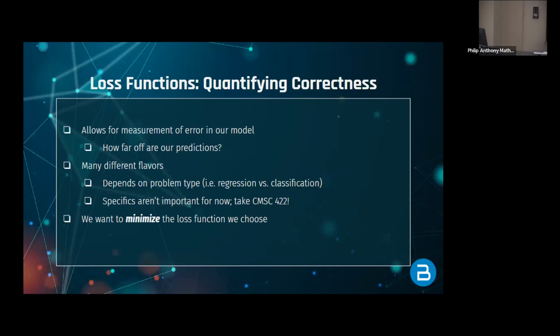So you could just look at how far off you are. If the actual house price was 100K and you predicted 30K, you would be penalized more, because it's a 70K difference, than if the actual was 100K and you predicted 98K.